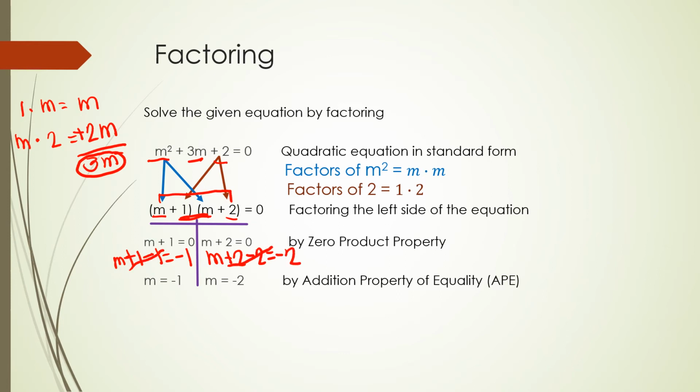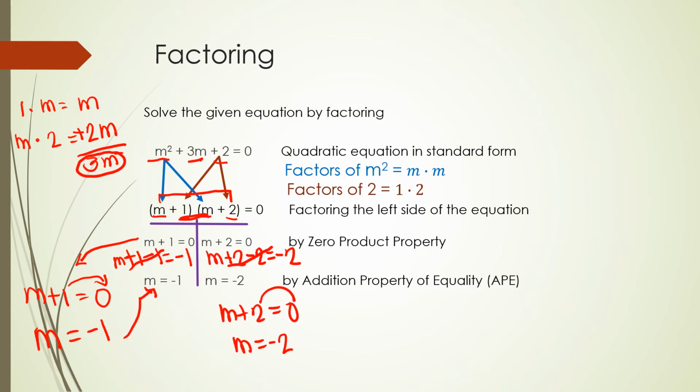Okay? Now, sa iba, para mas madali, since ang given mo, ito, si m plus 1 is equal to 0, lilipat siya on the other side, magpapalit siya ng sign. So, magiging m is equal to negative 1. Ganon lang din dito, since the given is m plus 2 is equal to 0, magiging m is equal to negative 2. Lilipat na naman siya ng side.